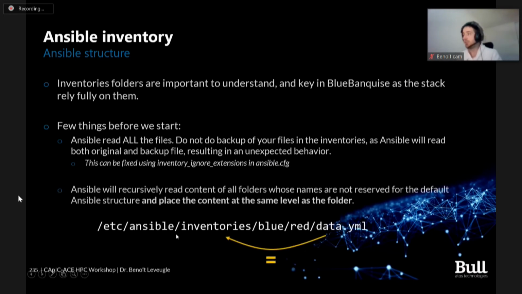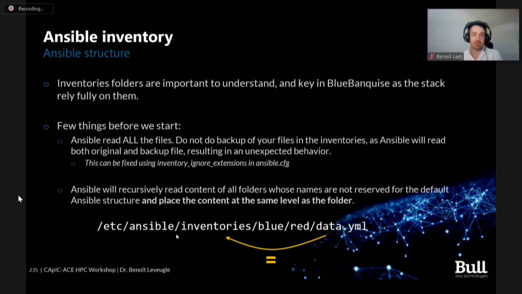Also, you have to understand that Ansible is going to read recursively all the files inside all the folders, and it will flatten everything. So if you have a lot of levels of directories, at the end Ansible flattens everything, except if the name of the directory is very specific, an Ansible dedicated name.